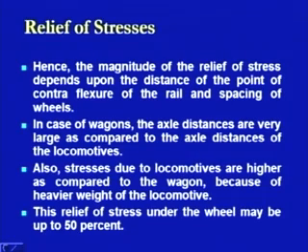So, the maximum positive bending moment induced below the rail seat is going to be just half of that, because of the position of the wheel very near to it, which imposes a negative bending moment at the same location where the maximum positive bending moment is induced by the previous wheel load. So, this is about the relief of stresses.